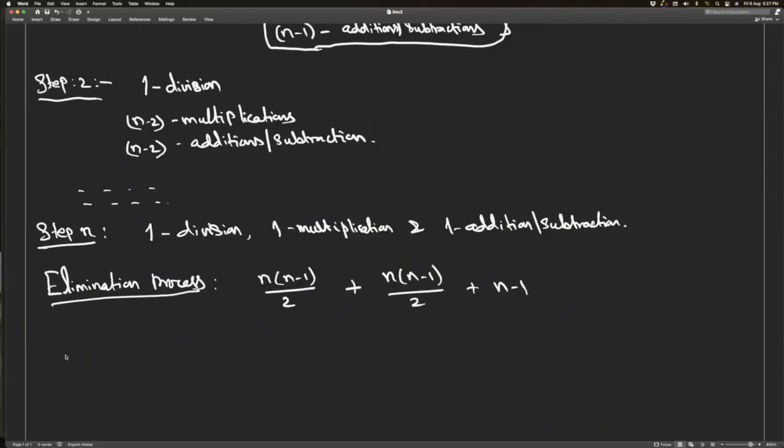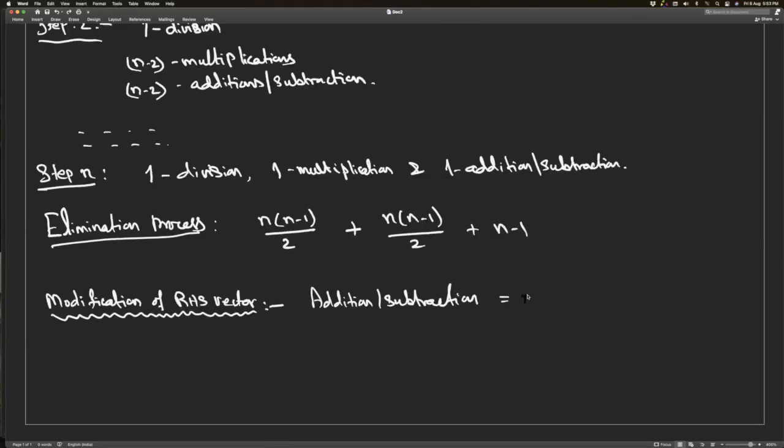Similarly, in the modification of the right hand side vector, we have additions or subtractions equal to n minus 1, and the multiplications and divisions are also n minus 1.